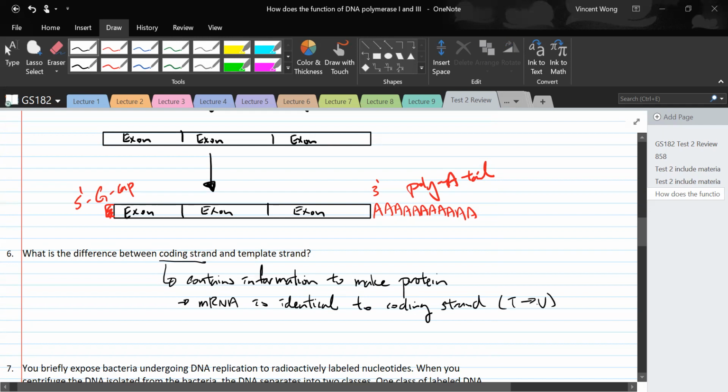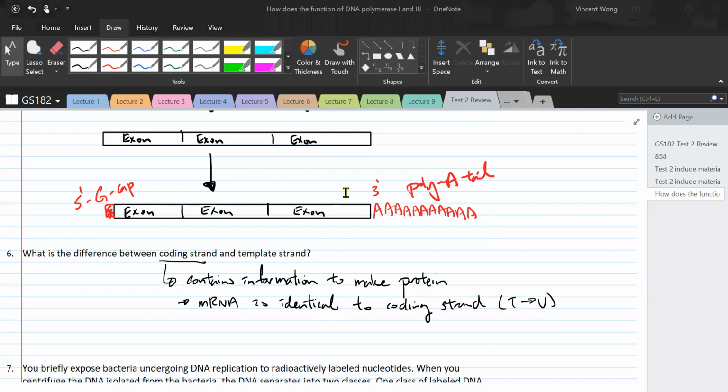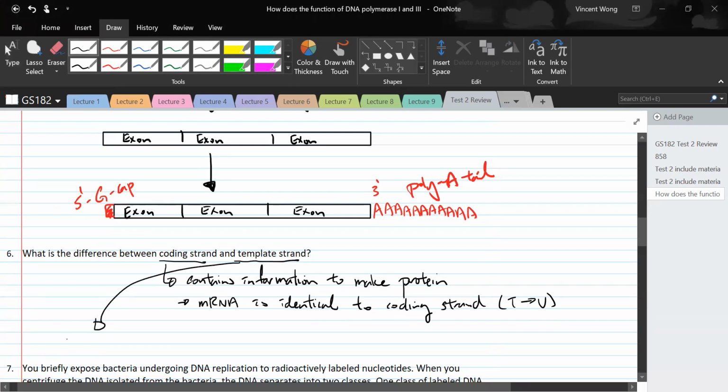Right. So if I give you a coding strand and I ask you to change it to messenger RNA, you would just copy everything, but you change the T to U, right? And the template strand is the strand that will be used, well, as a template to build the mRNA during transcription.